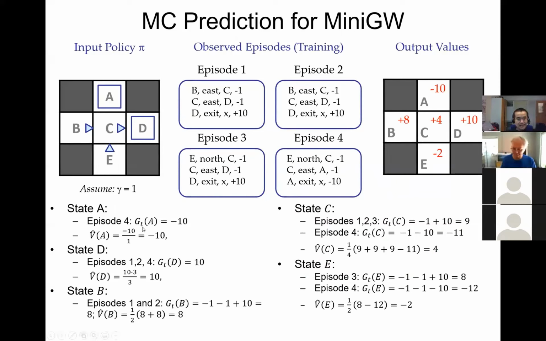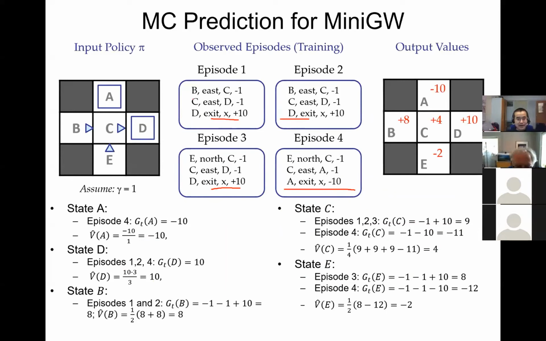So in state A, you have a single state A. That's the only one. So you exit with -10, so your value is -10. State D, you exit with +10, three times, so you have times 3 divided by 3.